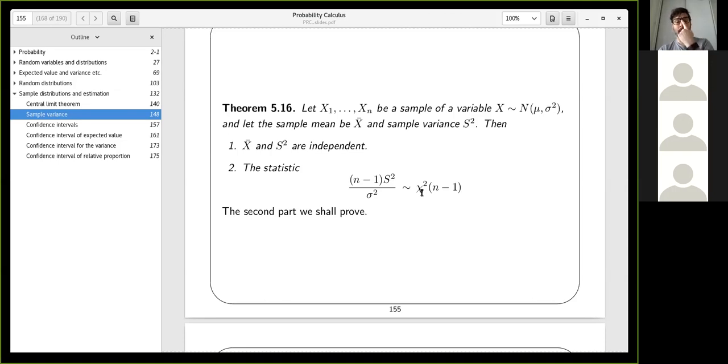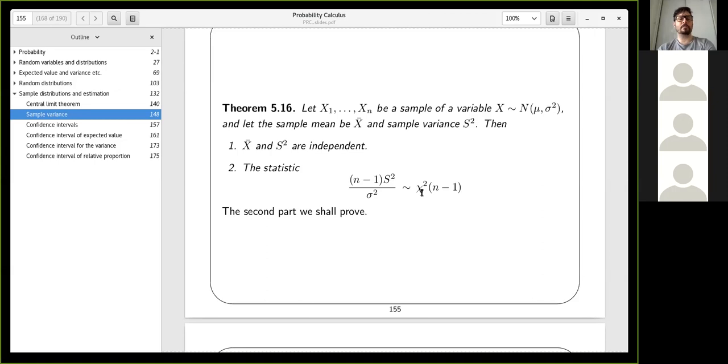It's not immediately obvious that they are independent because x bar is used in the calculation of s squared. But as random variables, the two are in fact independent, which I think is kind of weird. The proof is pretty hard. I've seen the proof, but I'm not going to claim that I understand how it goes, so it goes beyond me even.